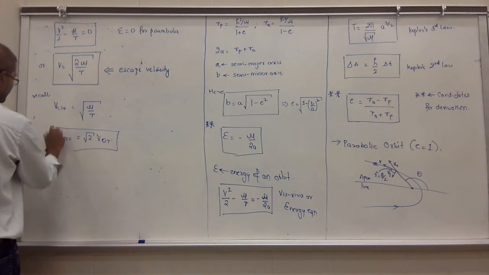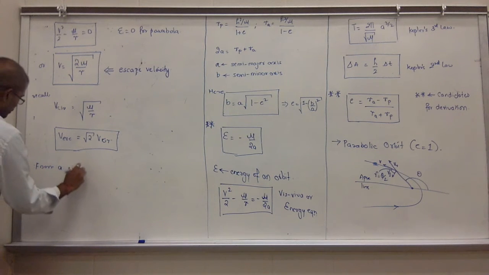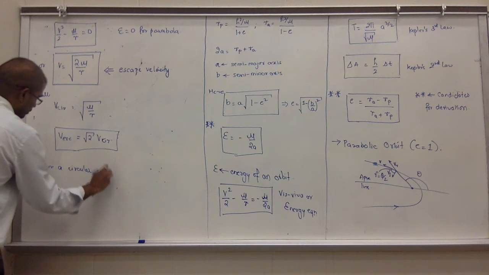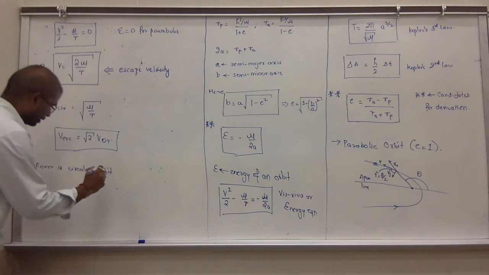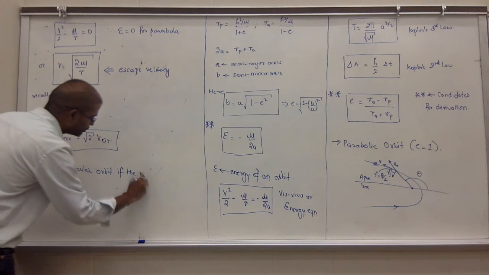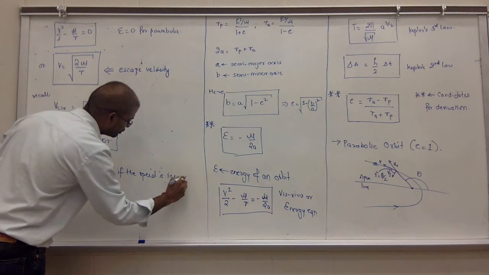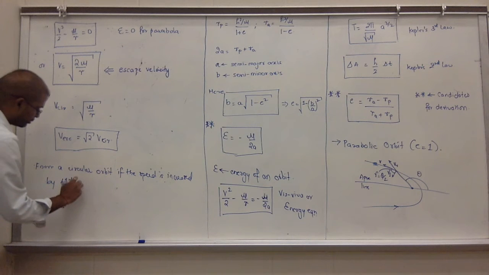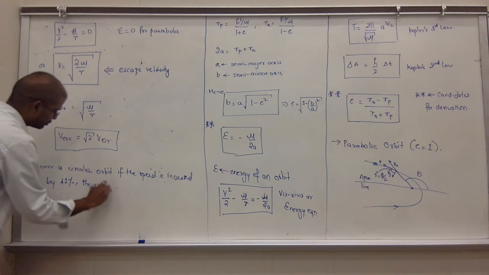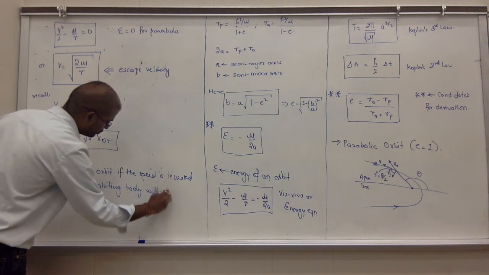And what this means is, from any circular orbit, if the speed is increased by 41%, the orbiting body will escape.